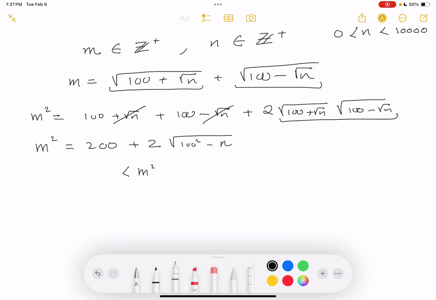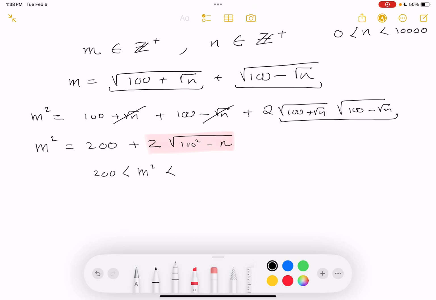I know it's going to be 200 at least, right? Look at this over here: it could get really close to 0. So I guess 200 would be the lowest, but it's going to be above that, because I'm adding something onto it. So I'm going to say it's above 200. And then the next question is, what's the most it could be?